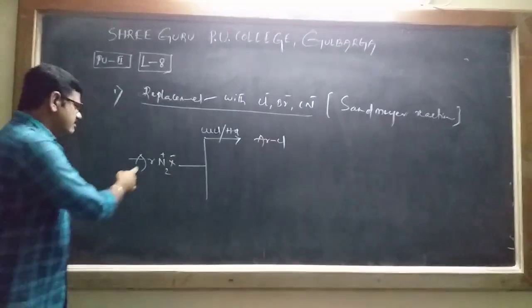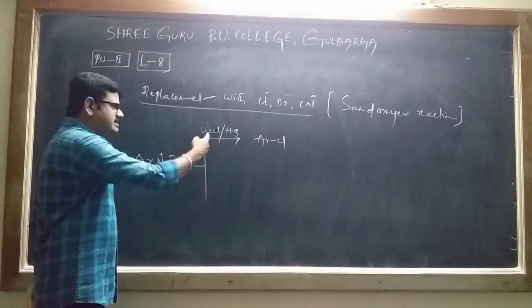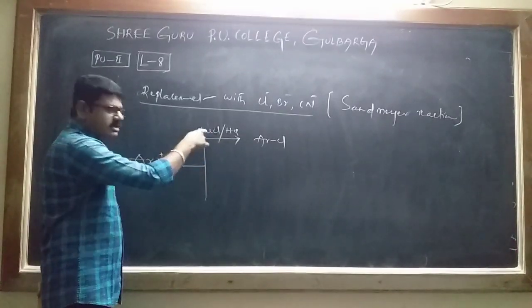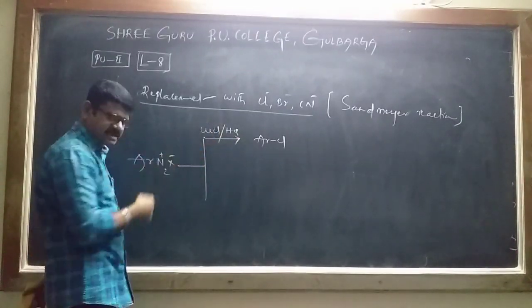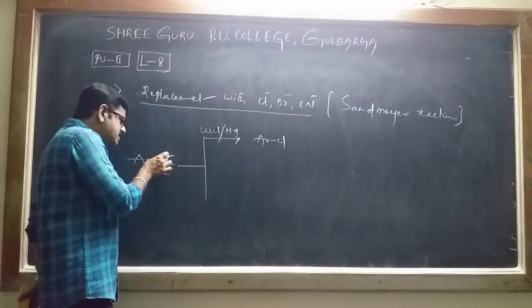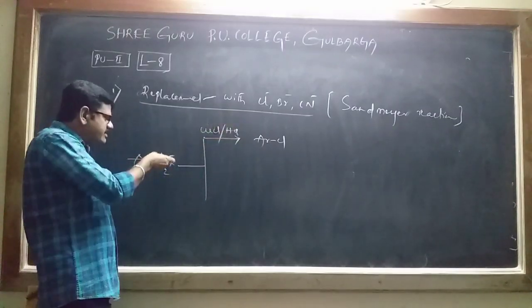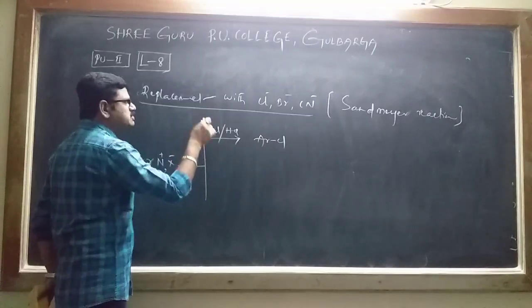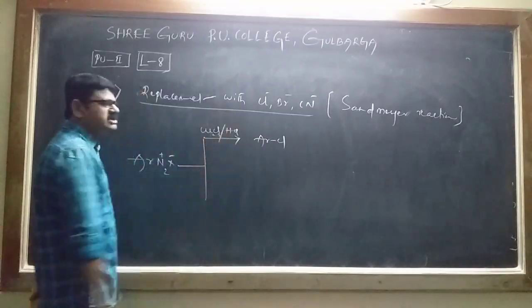I'll repeat. When the benzene diazonium salt reacts with copper 1 ion with HCl, the diazo group is removed and chlorine substitutes, and you get ArCl. We can also write Cu2Cl2, doesn't matter.